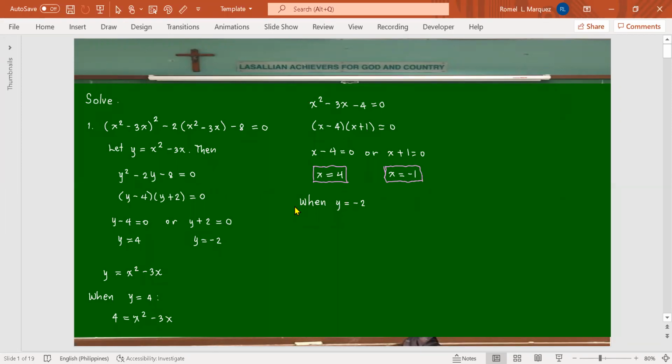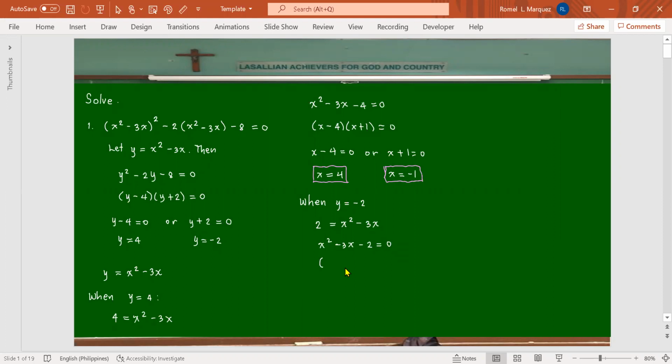When y is negative 2, we substitute again to this equation: negative 2 is equal to x squared minus 3x. So we get x squared minus 3x, then minus 2, and that is equal to 0.